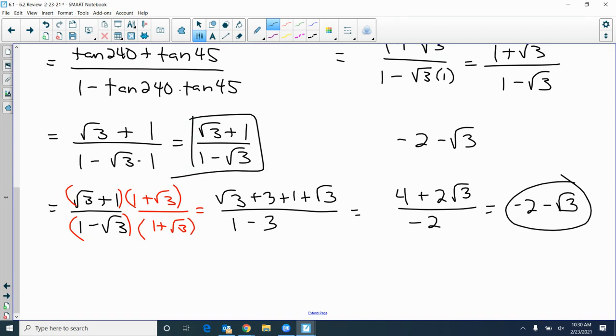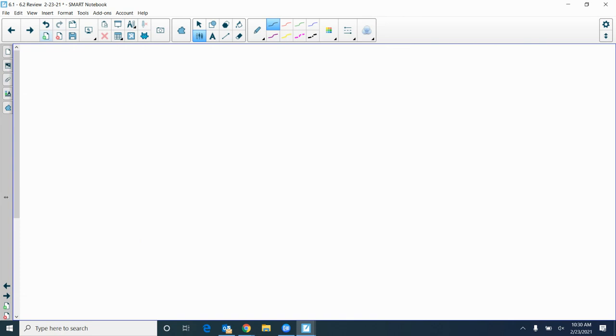One thing you've got to watch, and it might come up on the review sheet today, is if you get square root of 3 over 3 plus 1 over 1 minus square root of 3 over 3. Let me just throw that out there. I need to at least have one numerator and one denominator. I can't have a complex fraction. So how do I simplify that? Basically take the top and make this 3 over 3, and make this 3 over 3.